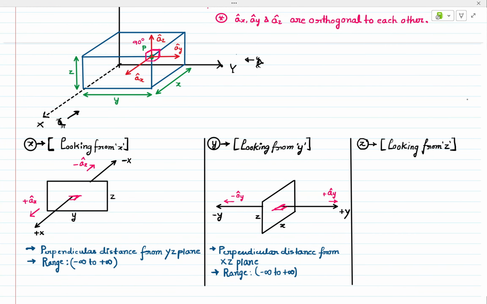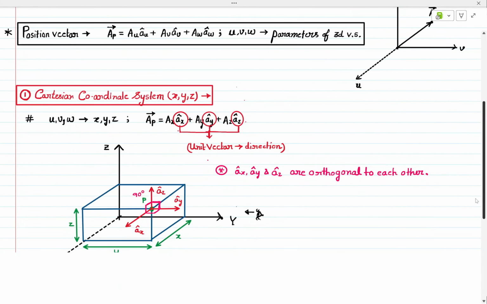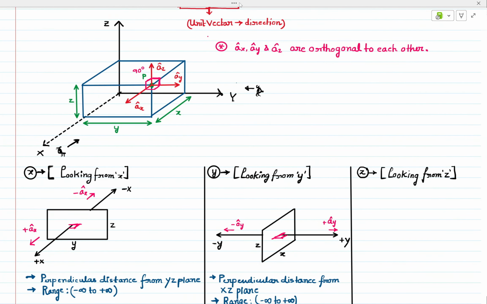Now, if I look from the Z direction, looking from the Z direction means I am looking from here, from this direction.